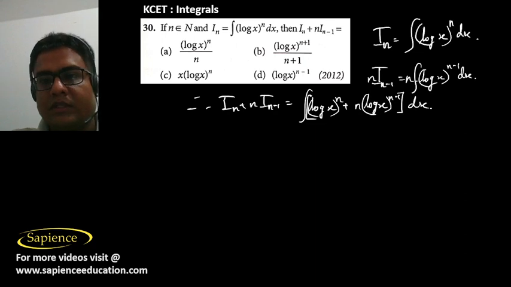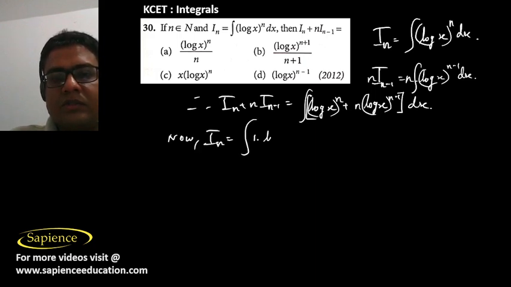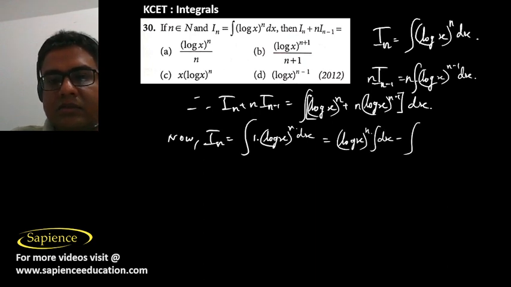So now suppose I take 1 as my second function. In this I_n, the integral of (log x)^n dx, taking 1 as my second function, this will be (log x)^n into the integral of dx, minus the derivative of this, that is n (log x)^(n-1), into the integral of dx, whole integral dx.